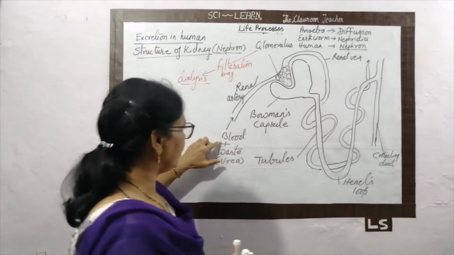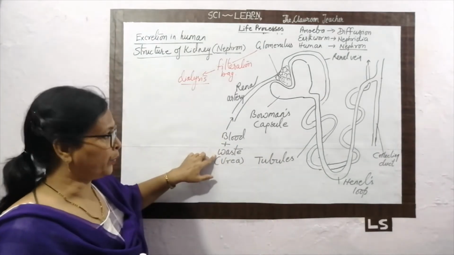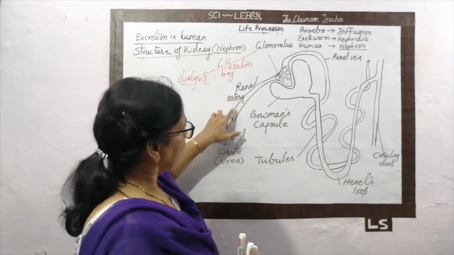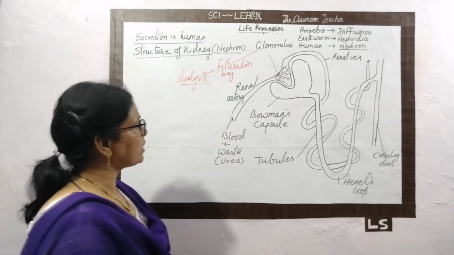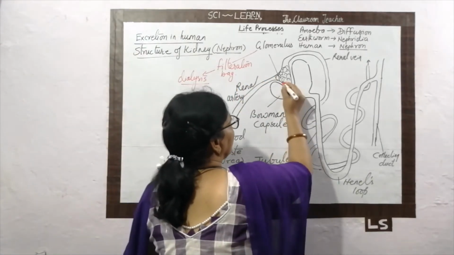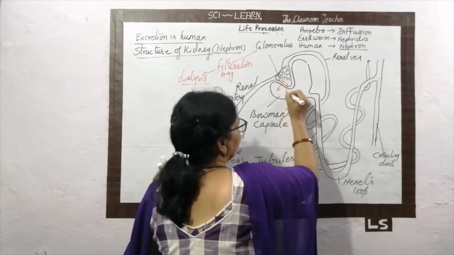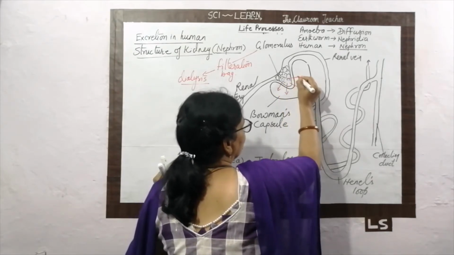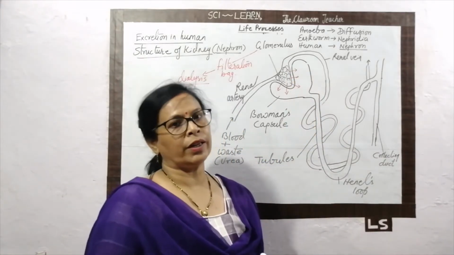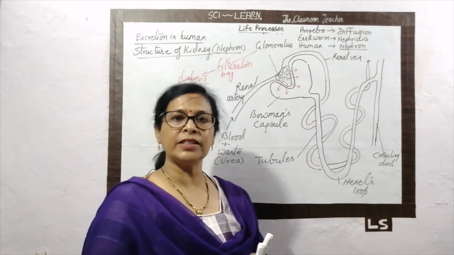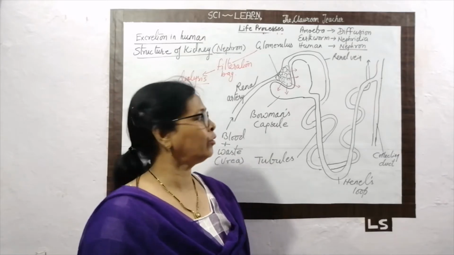So what happens when this blood containing urea is brought through the renal artery to the glomerulus? The glomerulus allows all the filtrate to filter into the Bowman's capsule. All the filtrate means whatever substance is present which is able to dissolve in water.